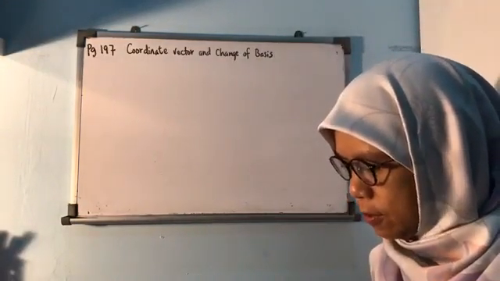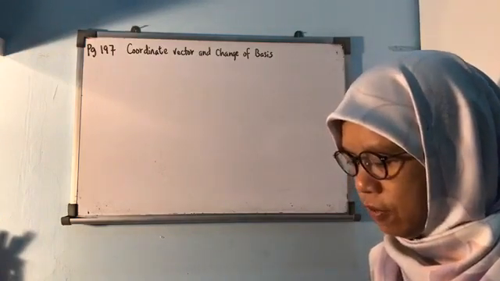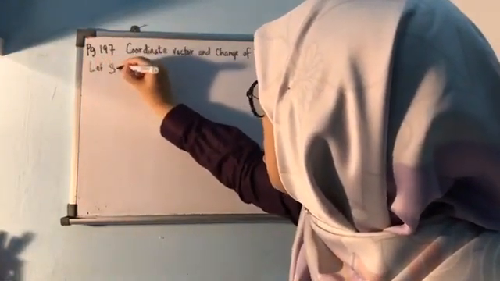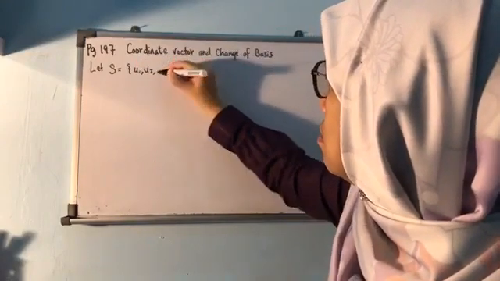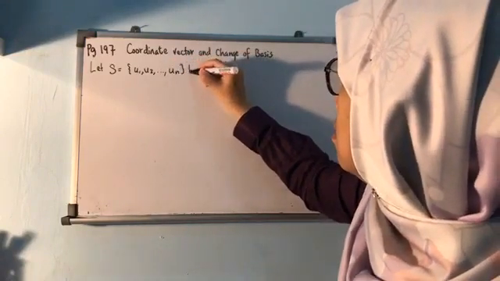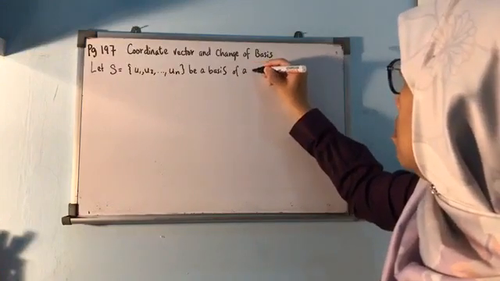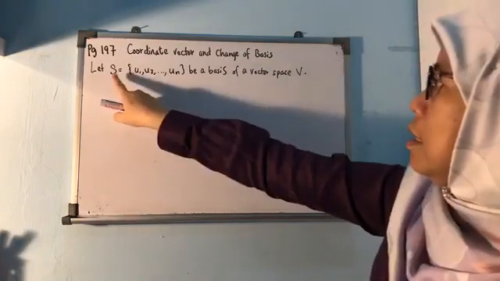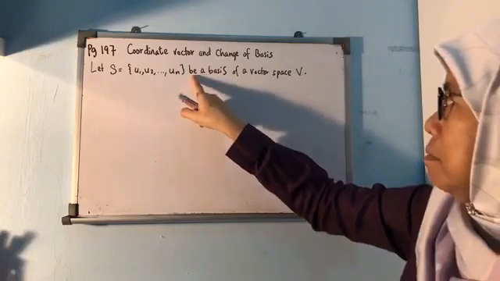Okay, now what does the theorem mean? If you have a set S which is a basis, let S be u1 until un, so the dimension of V is n, be a basis.